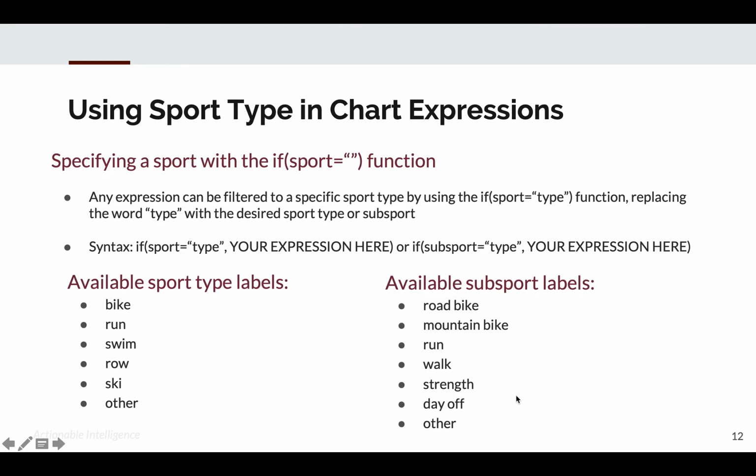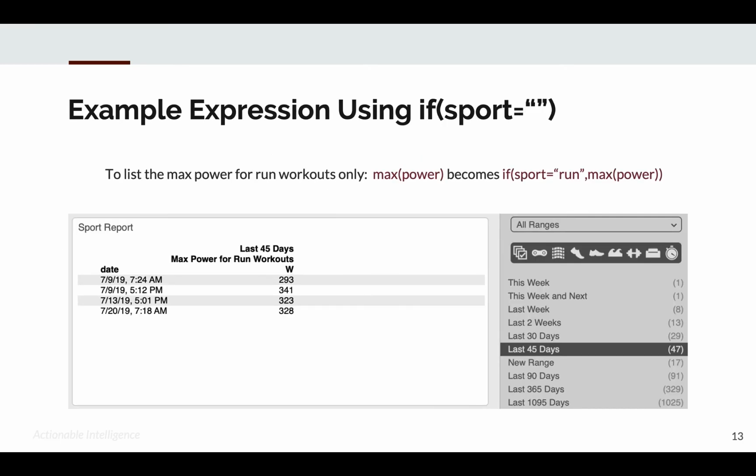And then these are the labels that you would use in those quotation marks: road bike, mountain bike, run, walk, strength, day off, other. Let's take a look at an example. To list max power for workouts in the date range selected, you would simply type max paren power close paren. But if you want to limit it to run workouts only, again, as we talked about before, you could deselect all sports except for run, or you can modify your expression to use the if sport function.